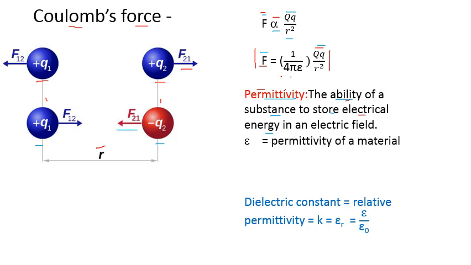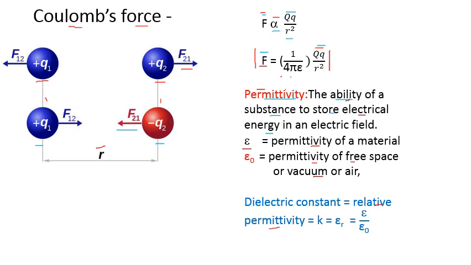Now further, this epsilon is called the permittivity of the material, or this epsilon 0 is called the permittivity of free space or air or vacuum. What is the difference between these two, epsilon and epsilon 0? I just told you here. Now there is a relation between epsilon and epsilon 0, and this relation is given by the factor dielectric constant, or it is also called relative permittivity.